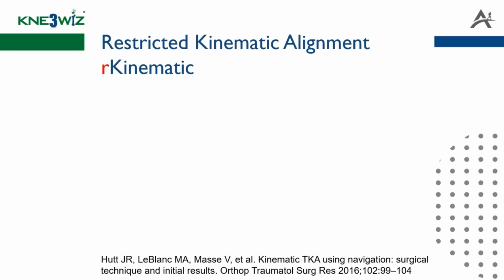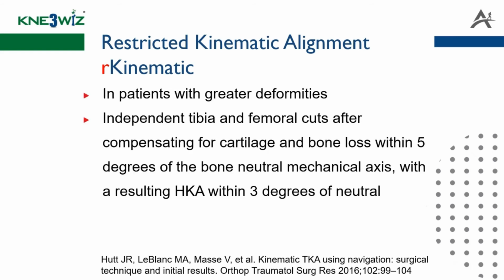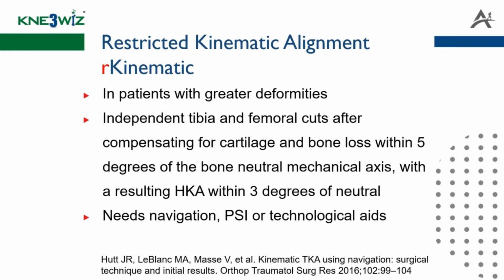Yet another offshoot has been the restricted kinematic alignment. In patients with greater deformities, restricting kinematic alignment to within 5 degrees from the neutral mechanical axis has been advocated. Given the tight control required, it would need a technological aid in the execution of surgery.